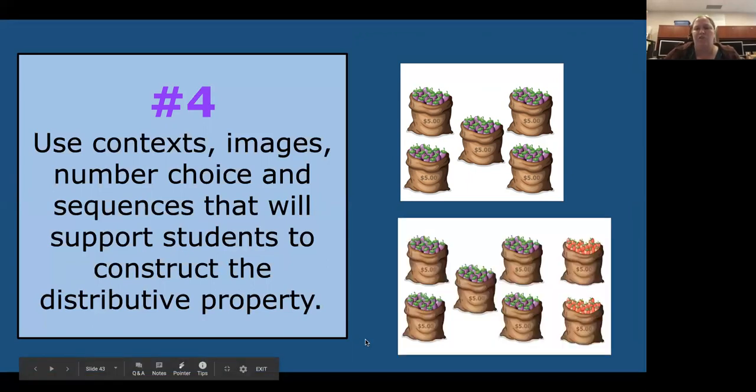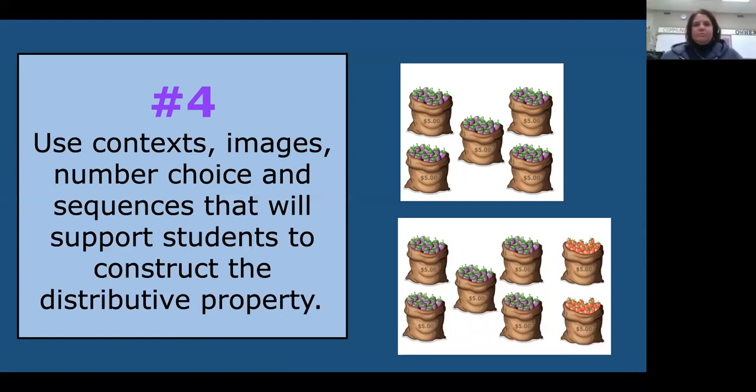And then if you show this image, they will likely consider the option of just adding 2 more bags to figure out 7 times 5. So using those 2 in sequence with each other can help them to use the distributive property without knowing it, which means that we can then talk about that 7 times would be the same as 5 times plus 2 times. And is that true?